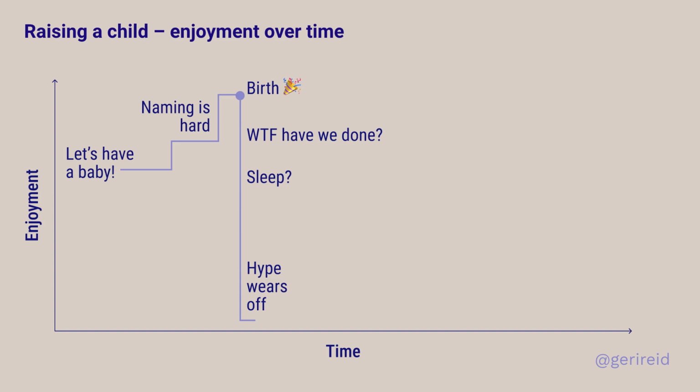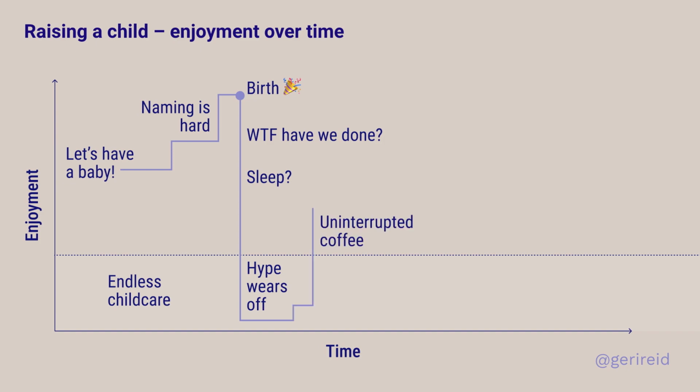Then the hype wears off and you realize the world has tricked you. Cue the endless mundanity of childcare. From this point, it's all painful drudgery punctuated with microscopic glimmers of hope, like you drink your first hot, uninterrupted coffee. Your kid rides a bike, the closest you'll ever get to being high without actual pharmaceuticals.